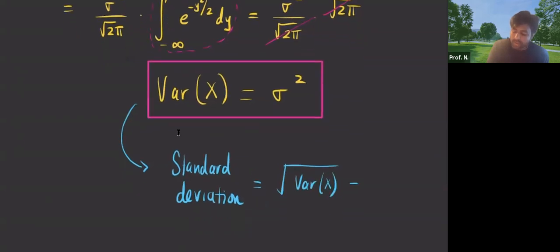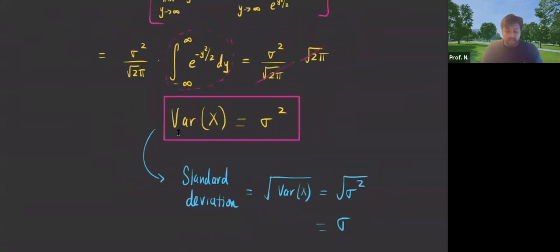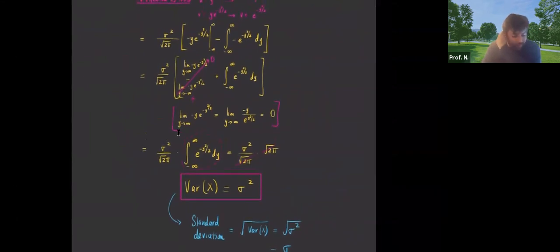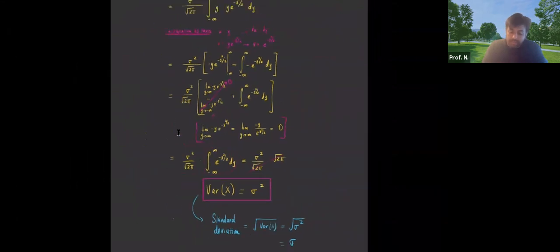If the variance of x is sigma squared, then the standard deviation is indeed sigma. So everything works out, guys. This was a lot of derivation for this random variable, but once we get over this, we're not going to do these kinds of derivations again.